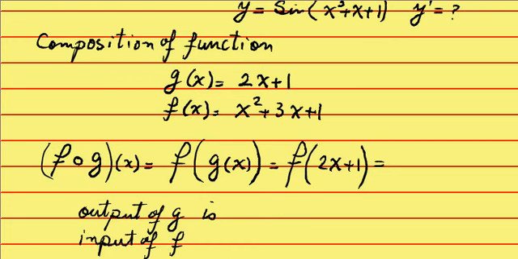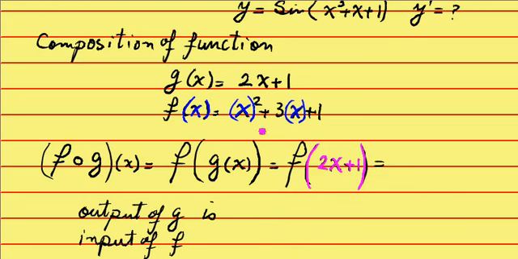To make that clear, let me write the input of f in some other color. So here's the input of f, just to make it stand out loud and clear. So now we are going to take this new input, 2x plus 1.